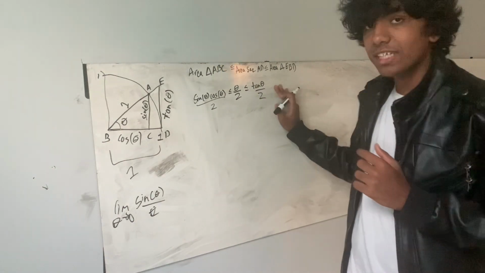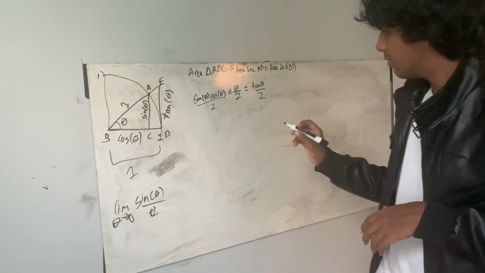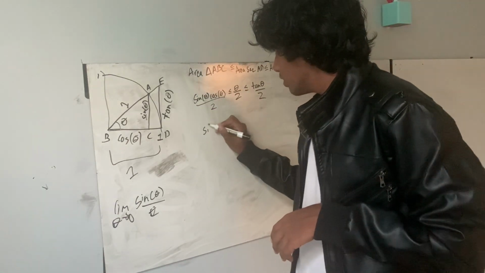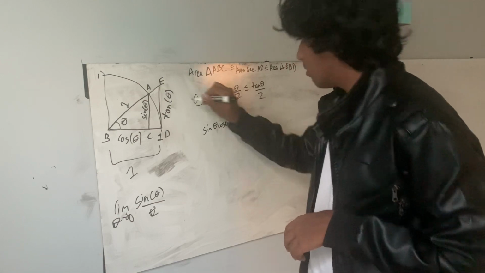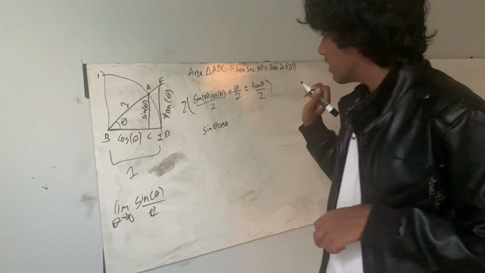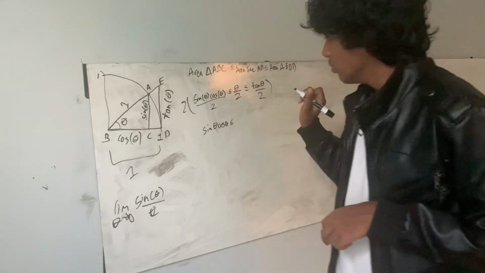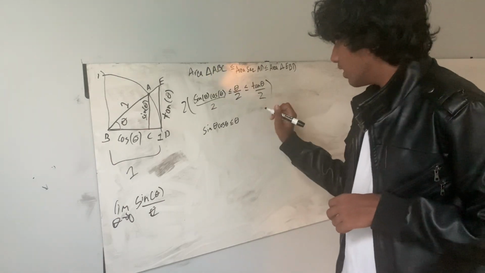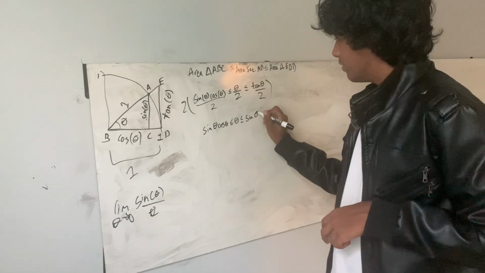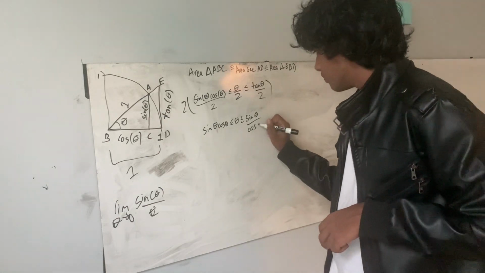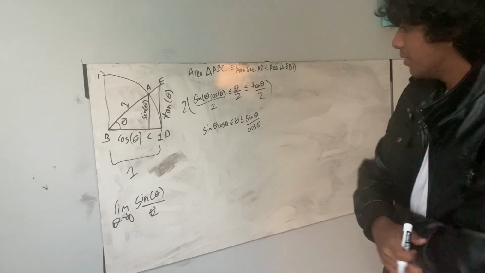And let's rewrite tangent theta as sine over cosine. So let's do sine theta, cosine theta. Since we multiplied 2 on both sides, we're not going to rewrite that. 2 is smaller than or equal to theta, which is smaller than or equal to sine theta over cosine theta.